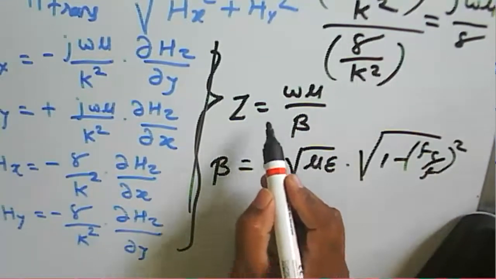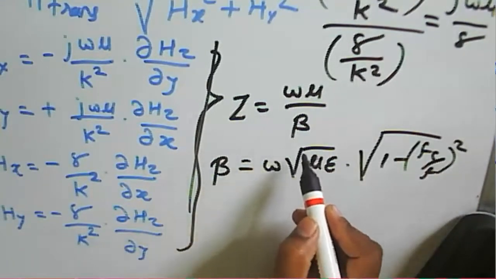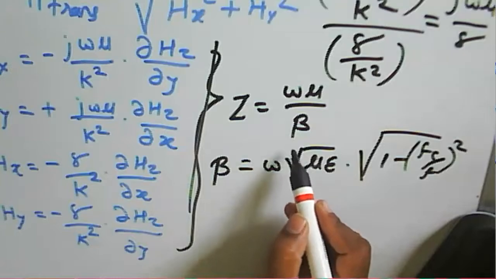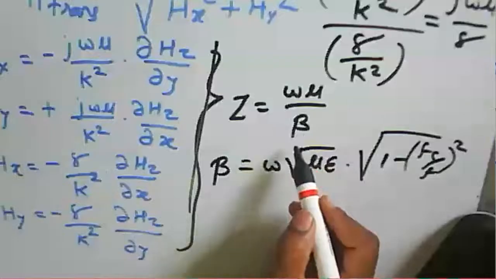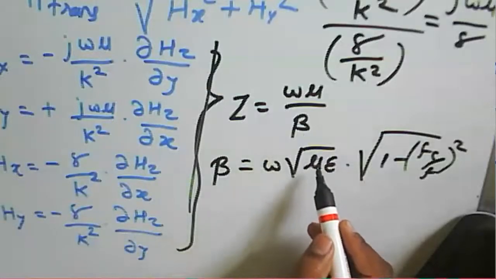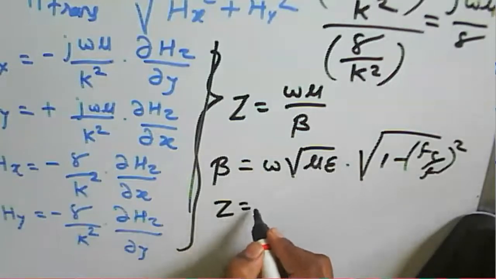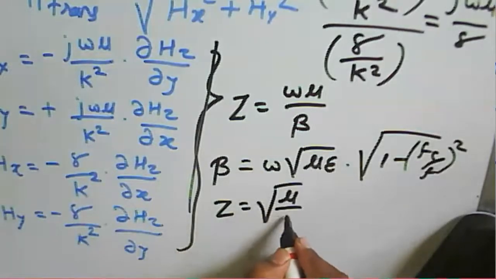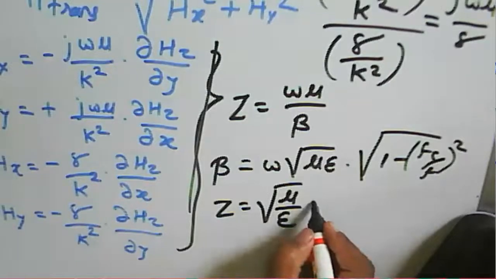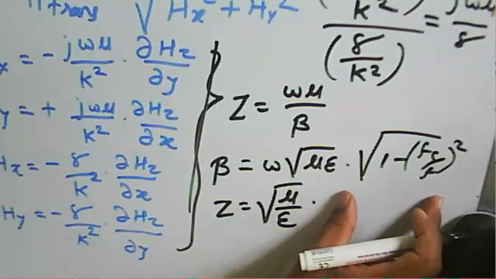Then if you put that beta here, what happens? This omega mu by omega under root mu epsilon, so that will be cancelled. So we will get under root of mu by epsilon here into that term as it is.